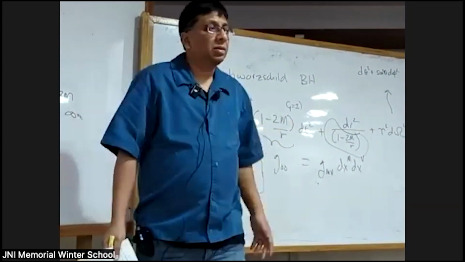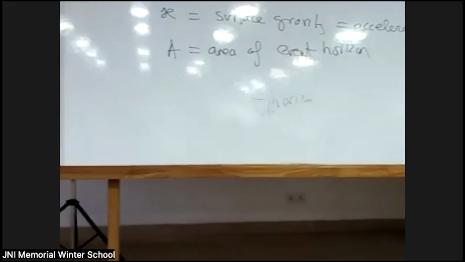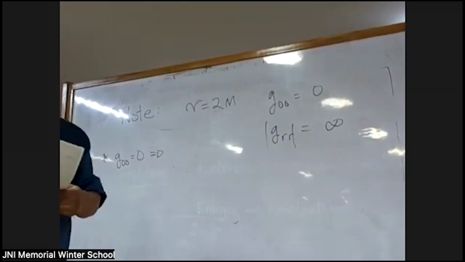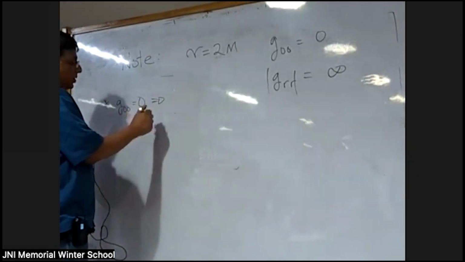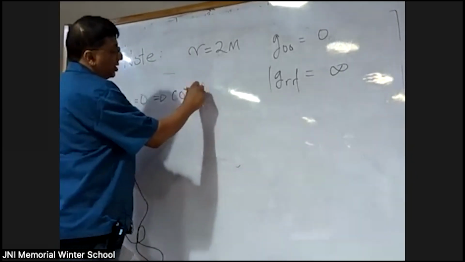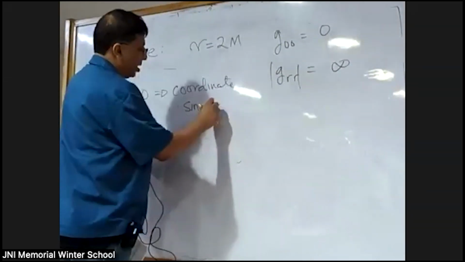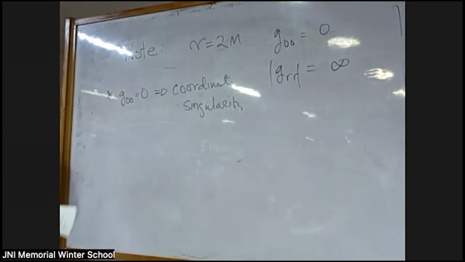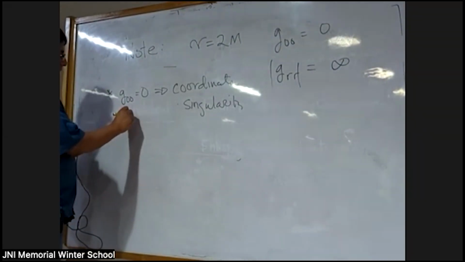But I'll show you how to deal with that. So g00 being 0 is a coordinate singularity, and this is at r equal to 2m.